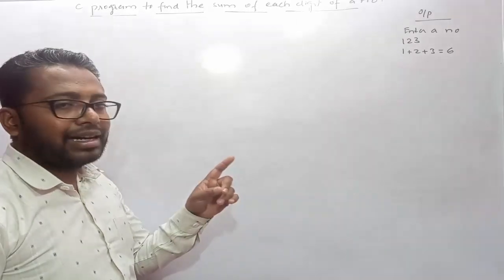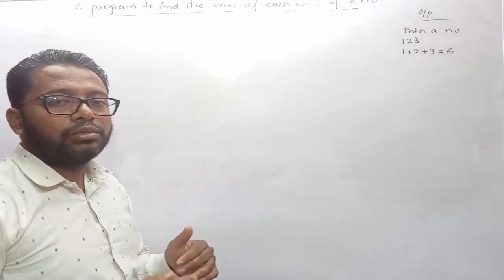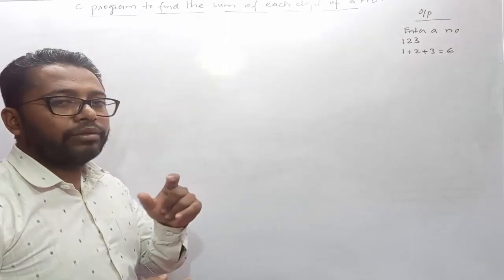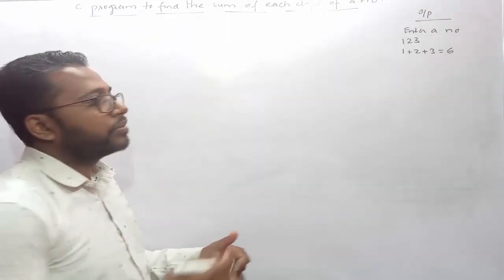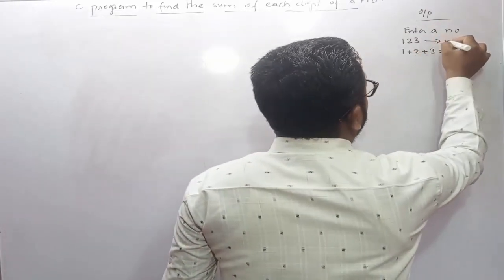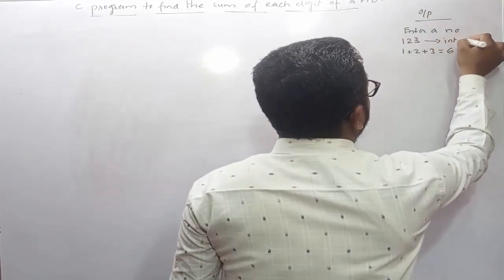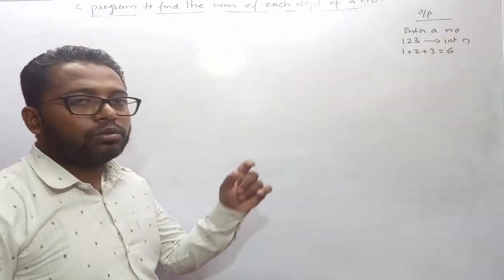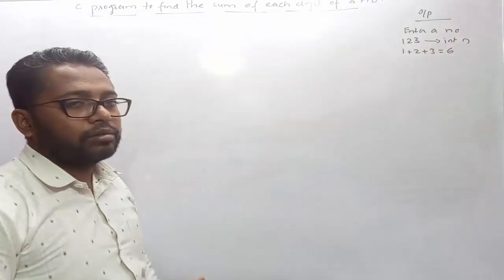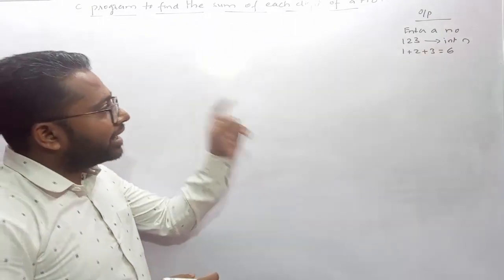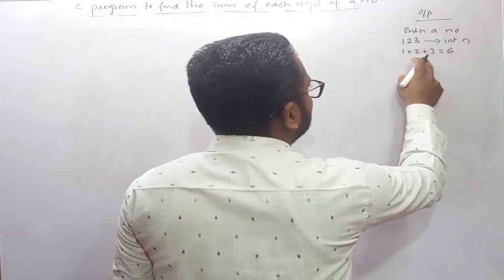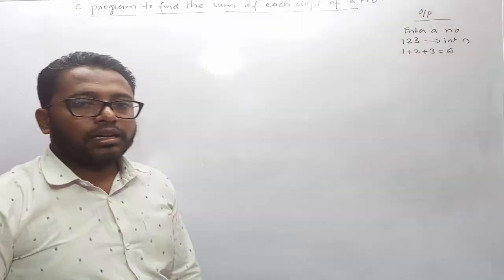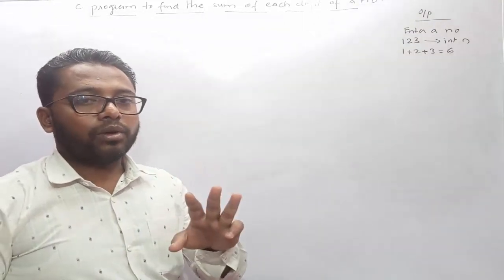Just by looking at this output, you may come to know that we need a variable of type integer. Let us say n. This value 123 will get stored inside the variable n. So to get this output, which is 1 plus 2 plus 3 equals 6, we have 3 steps to perform.